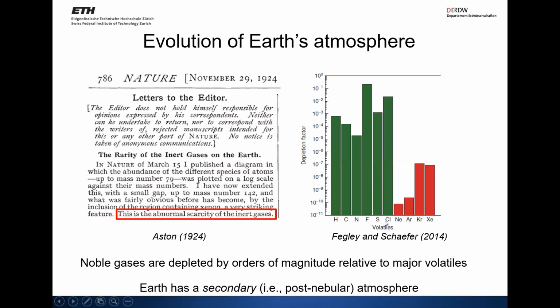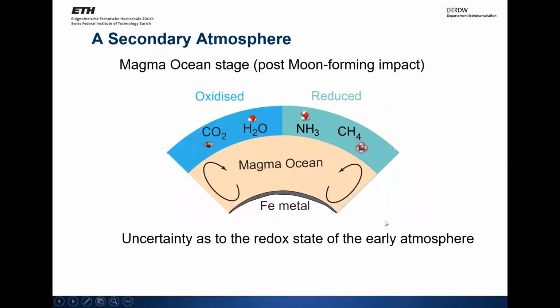Now, as Steve mentioned earlier on, there is a key event which occurred in the lifetime of the Earth, and that is the moon-forming giant impact. As mentioned, this impact deposits enough energy to cause wholesale melting of the Earth's mantle.